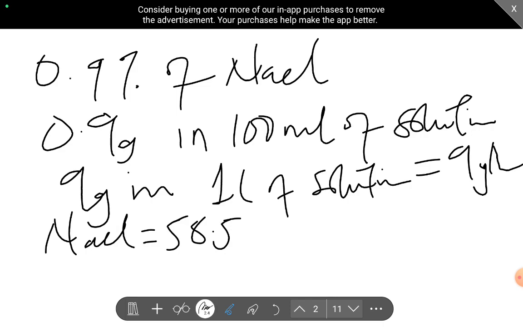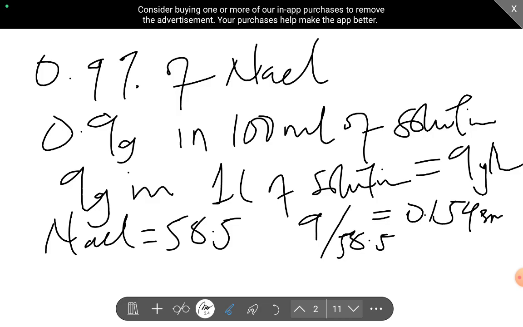So the next step is to divide 9 gram per liter by the molecular weight, 58.5. You are going to get a value around 0.154 mole per liter.